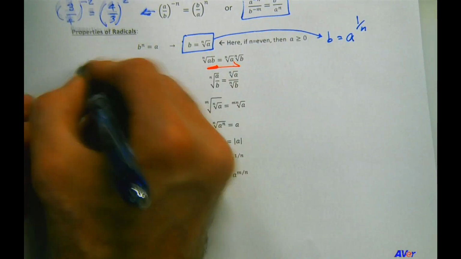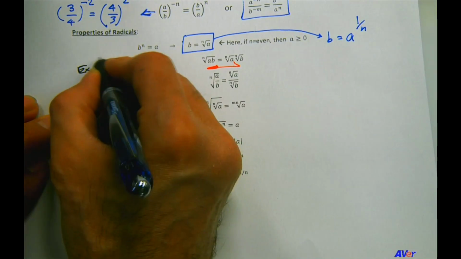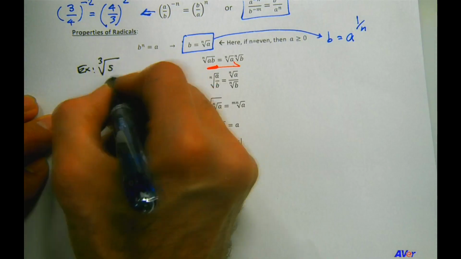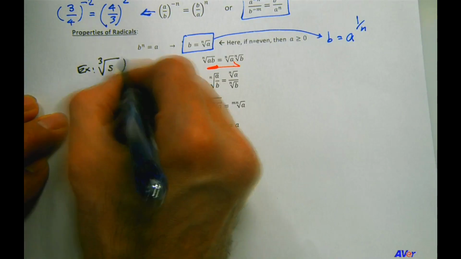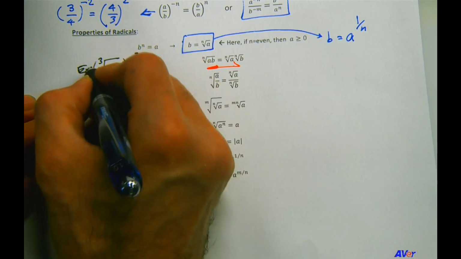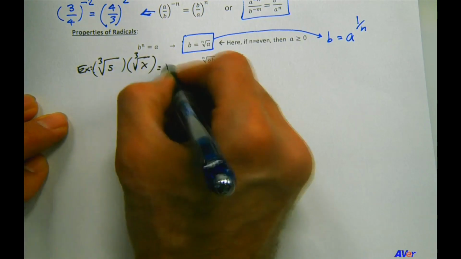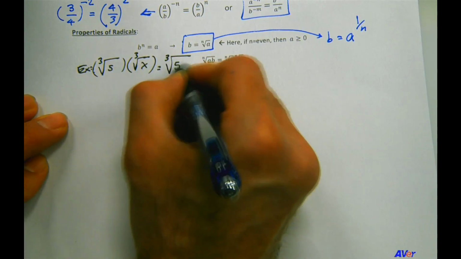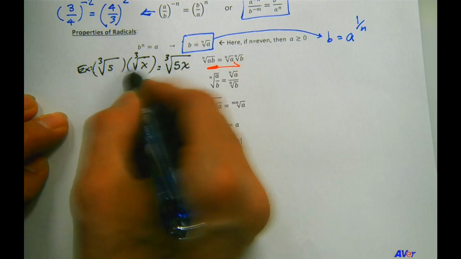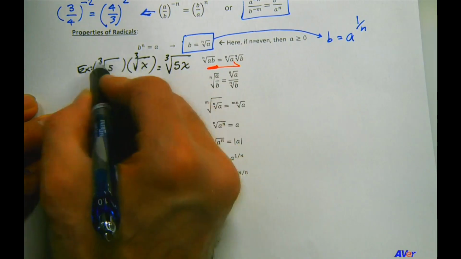If you have, say, cube root of 5 times cube root of x, what you can do is write cube root of 5x. You can combine the insides, multiply them, if the index or the root is the same.